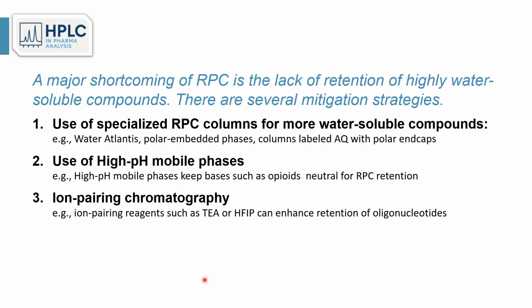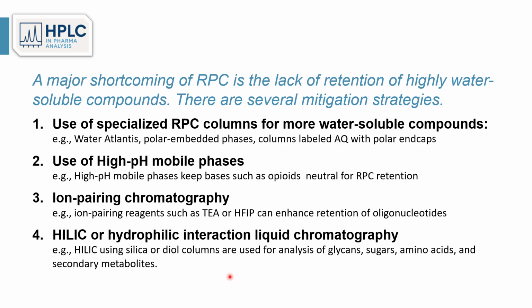The third strategy is ion pairing chromatography, found lately in ion pairing using TEA, triethylamine, or hexafluoroisopropanol for the enhanced retention and separation of oligonucleotide drugs. Finally, one can switch to HILIC, or hydrophilic interaction liquid chromatography, by using silica or diol columns, very effective for the analysis of glycans, sugars, amino acids, and also secondary metabolites.